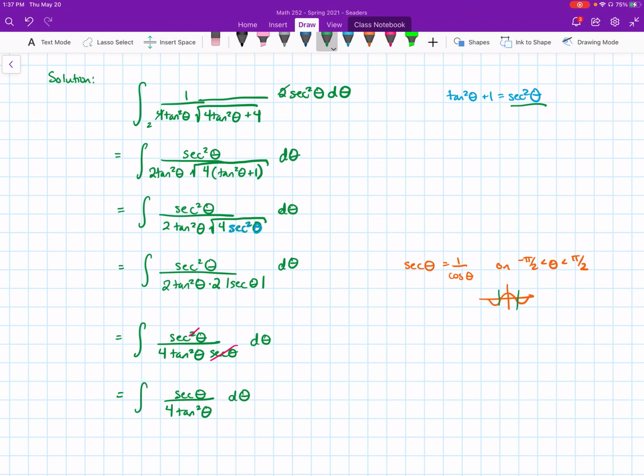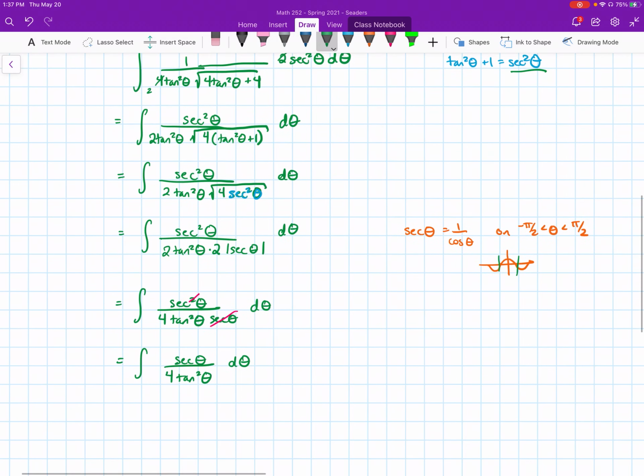And now I want to write this in terms of sine and cosine, because maybe something else will cancel. So let's see, secant theta is 1 over cosine theta. Let's pull the 1/4 out front. Tangent squared theta in the denominator is cosine squared theta over sine squared theta, d theta.